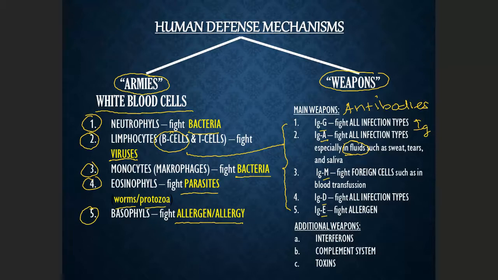The IgM, okay, this is the next most abundant one in the blood. They usually fight against foreign cells. For example, if we have a blood transfusion, we receive cells coming from other people, and this is considered a foreign cell, and usually the IgM will try to fight against this type of antigen or foreign cell.